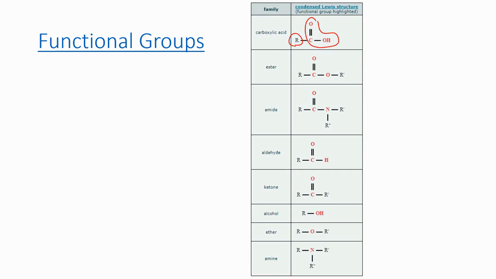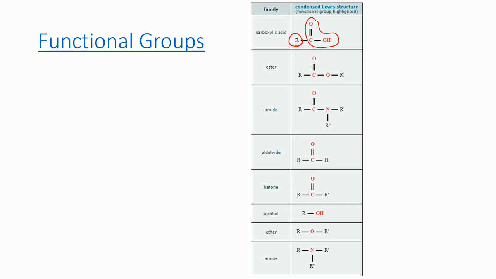In our structure, they also use R as a general term. That usually means a carbon chain. If we have something else in our molecule, we don't care because we care about this carboxylic acid. R can be a carbon chain, or it can also be just a hydrogen. It depends on what molecule we're looking at. So we're just looking for a pattern.